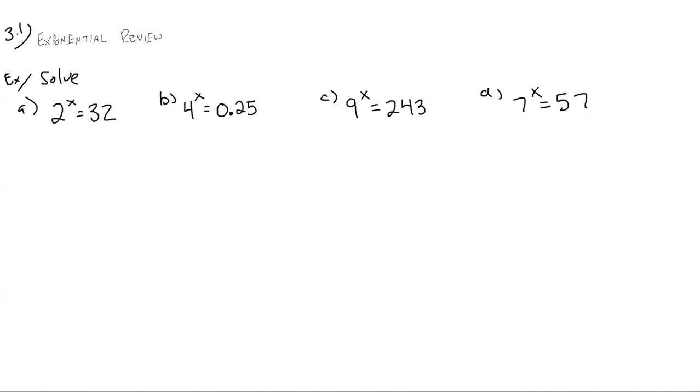So for the first one, you might note 32 is a perfect power of 2. We know that 2 times 2 times 2 times 2 times 2 is 32. So we can say that's 2 to the 5. And so what we could write here then is 2 to the x equals 2 to the 5.